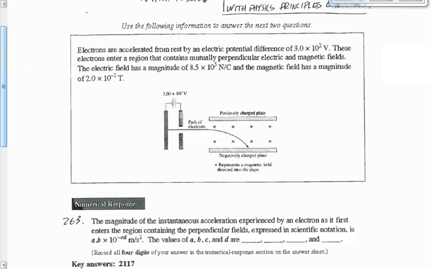It says the electrons are accelerated from rest by an electric potential difference of 3.0 times 10 to the 2 volts. You know what I saw? As soon as I read that first sentence, electrons are accelerated from rest. Anybody else notice that? As soon as I see that, something comes to my mind. 3 words. Yes? What are the 3 words?